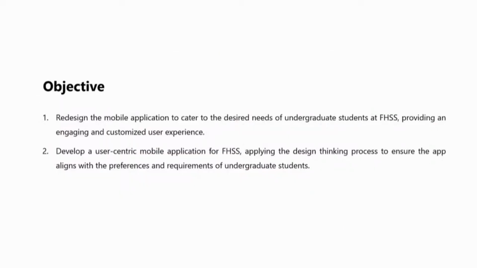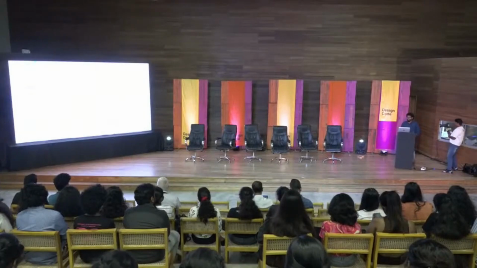My main objective was to redesign the mobile app to cater to the design needs, what they want, what the main requirements are from this app. Because they already have a PES, the performance evaluation system, and most students say the current app only lets us see the results and gives no help. Why would we download this app from the App Store, when there are a lot of apps currently?